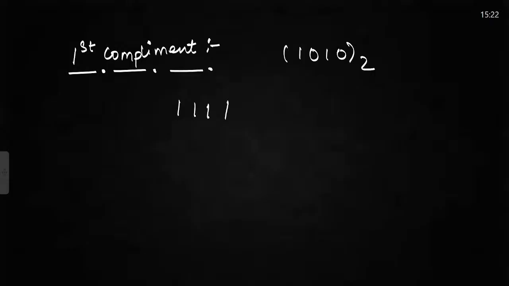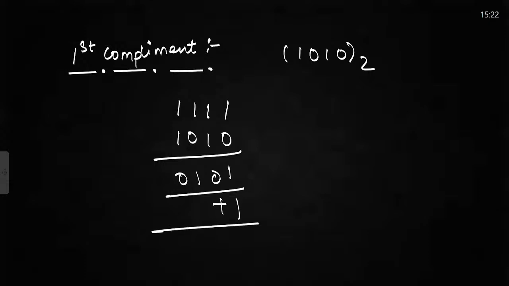I will simply subtract from this one, then I will get 0101. So 0101 is my 1's complement. In order to find the 2's complement, I will add 1 to this one, and 1 plus 1 is 0 carry 1, 0110.